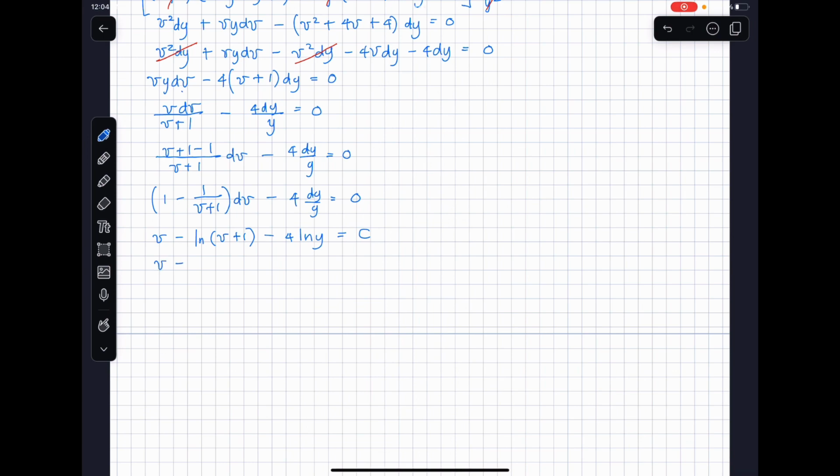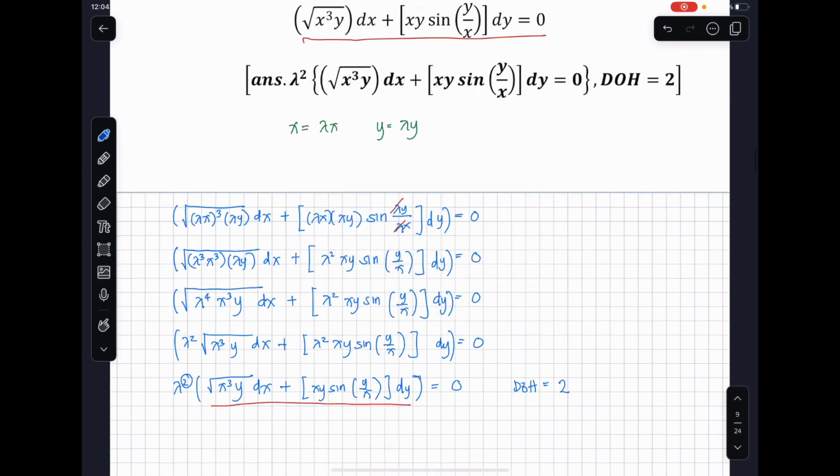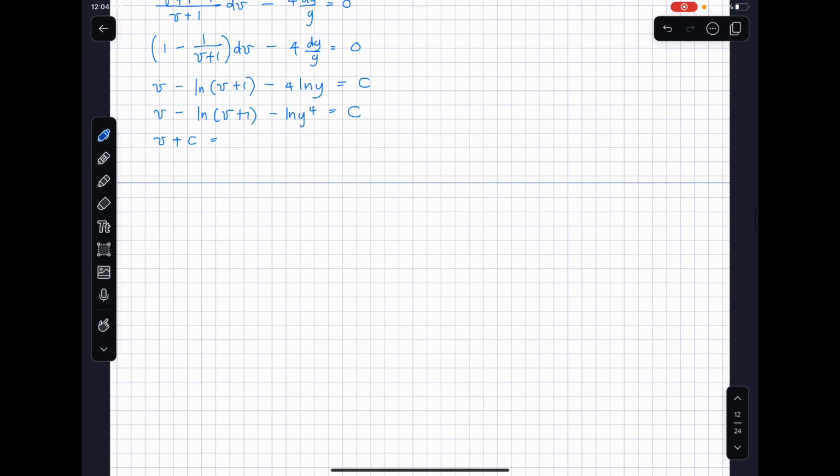This is the same as v minus ln (v plus 1), then minus ln y raised to 4 is equal to c. Then I transpose the c to the left hand side, so it will become v but still plus c, and then that will become positive ln (v plus 1), and then plus ln y raised to 4.